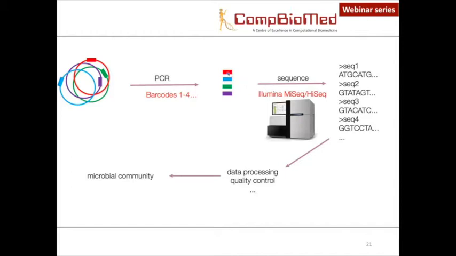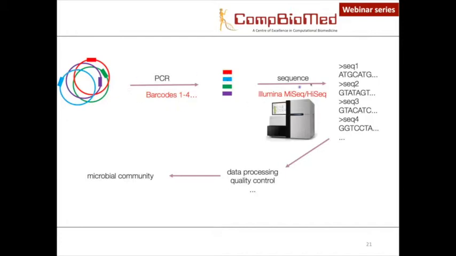And so you can mix all of the samples together onto one DNA sequencing chip, and the barcodes will allow you to tell which sequences come from the red sample, which sequences come from the blue sample, which sequences come from the green, and which come from the purple. So when our students collect their samples, each is given a barcode that is unique to them and to their samples, so they know what bacterial species are present in that.